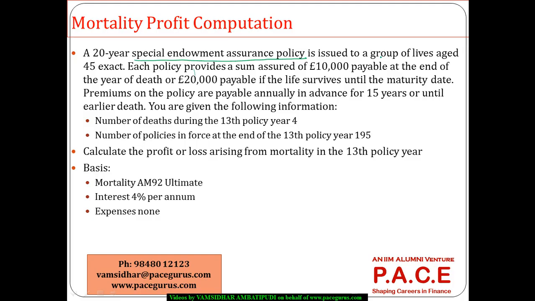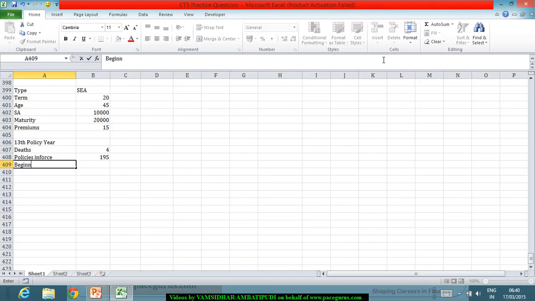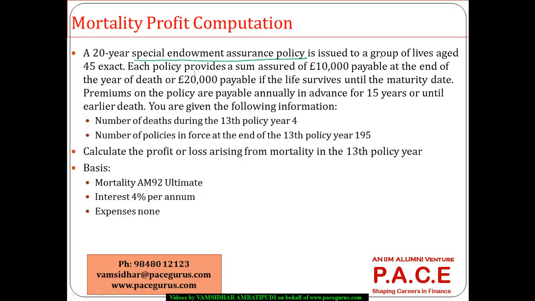Means in the beginning it would have been 199 before these 4 deaths occurred. So at the beginning of the 13th year, this number would have been 199.